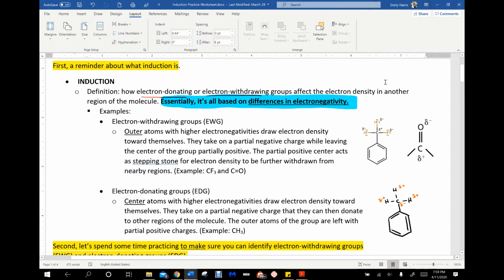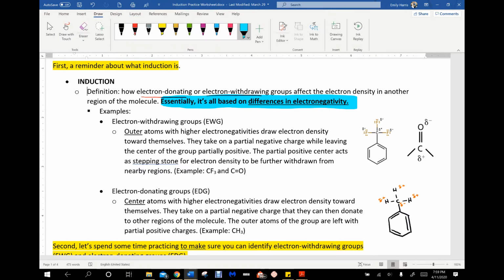Our first group are electron withdrawing groups. The way these groups are put together is they typically have a center atom and then outer atoms as well. For an electron withdrawing group, the outer atoms tend to be more electronegative, all right? So for example, fluorine is more electronegative than the carbon.